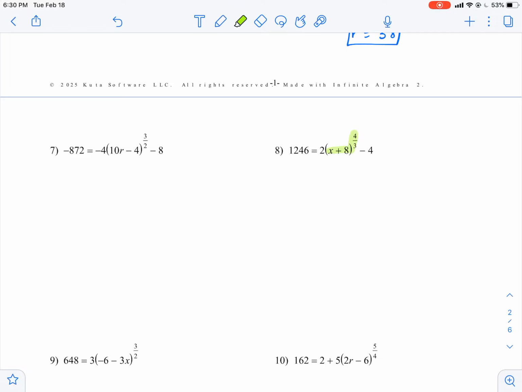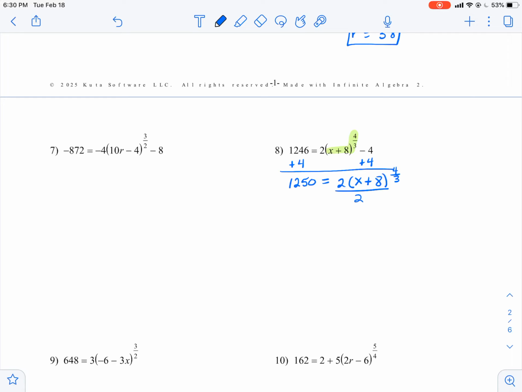So again, there's your rational part of it. So I'm going to add 4. 1, 2, 4, oops, sorry, forgot what I was doing. 1, 2, 5, 0. To the 4/3.